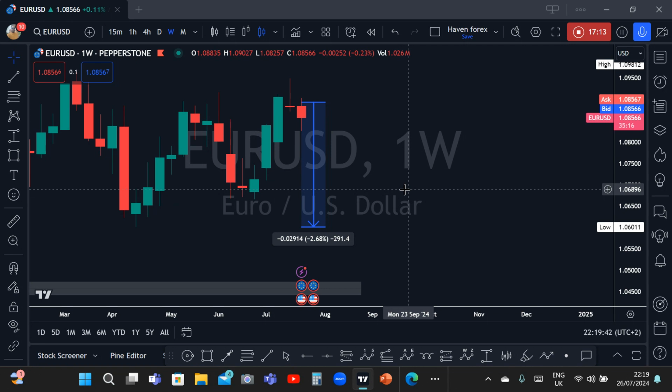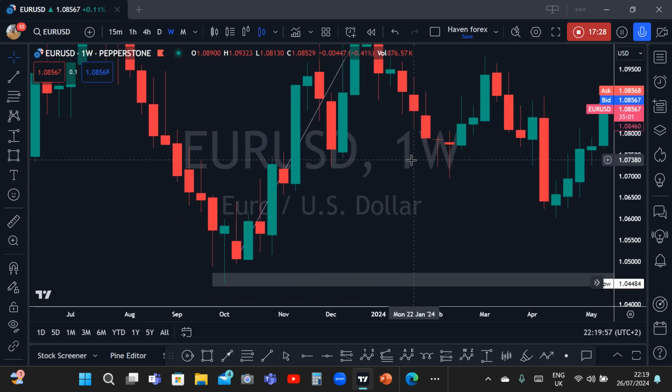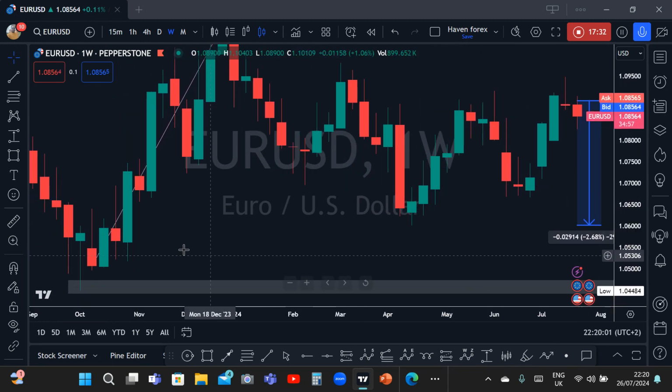So you guys should work on learning structure. Work on being able to identify structure. We have the major structure and we have the minor structure. The overall structure is the higher time frame.